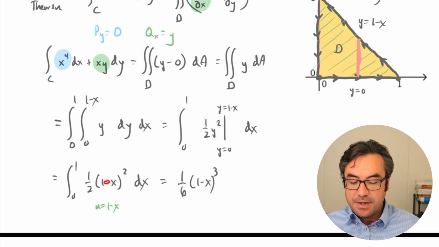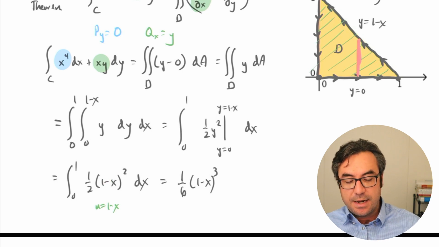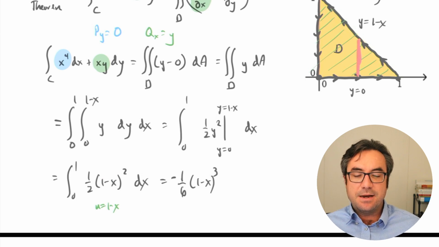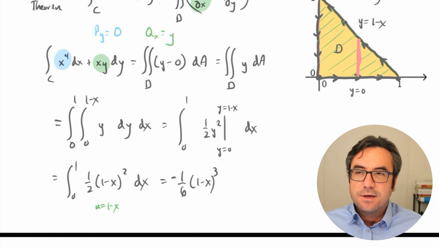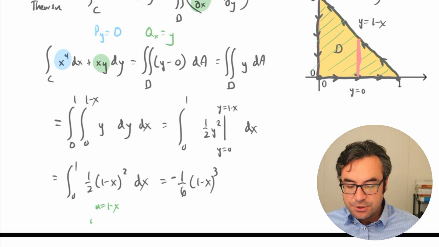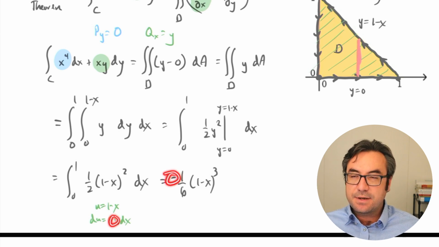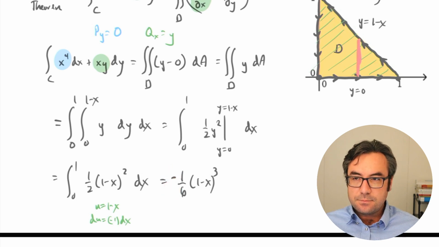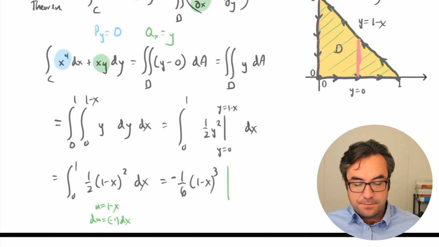And then because this was a negative x, we're going to end up with a negative 1/6 here. Again, if you don't remember how to do a quick integration like this, it's really a u sub. And the differential here, if we convert the differential, would be negative 1 times dx. So that's where this negative 1 is coming from. Actually, this would be like 1 over negative 1. So we have our antiderivative, and then we're just evaluating.